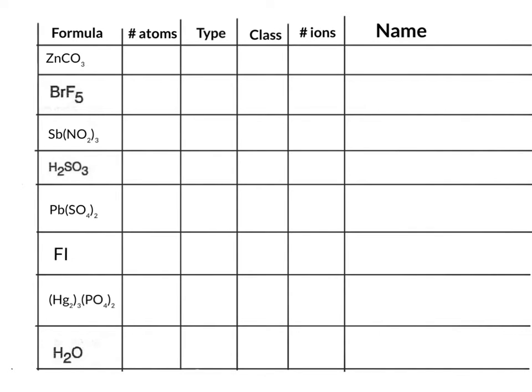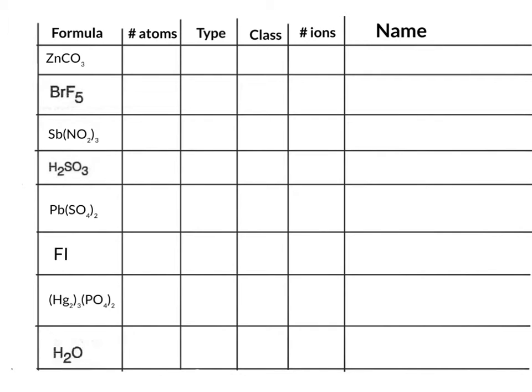Alrighty, next one. We have (Hg2)3(PO4)2. A lot of stuff going on in this one. So how many mercuries do we have? It looks like we have 2 times 3, so a total of 6 mercuries. We have 2 phosphoruses and 8 oxygens, which gives us a total of 16 atoms.